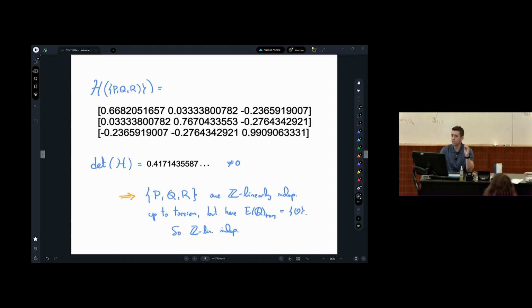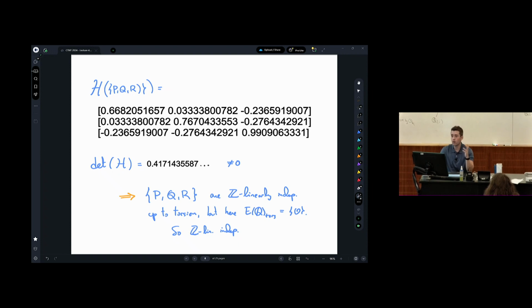But it is correct. There are algorithms to make sure that if I ask Magma to compute it to 20 digits, it computes to 20 digits, and that is 20 digits correct. And the error in the approximation is exactly that. So I can trust that when I take the determinant of this, it's this number, and that's away from 0. So that determinant is non-zero.